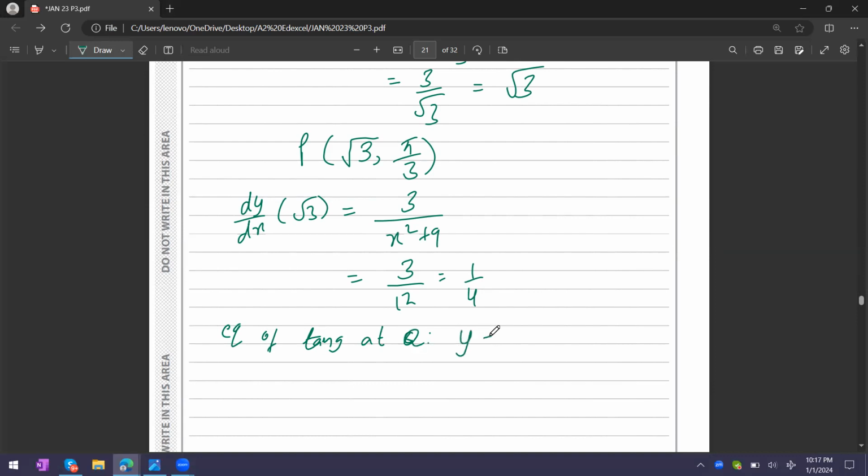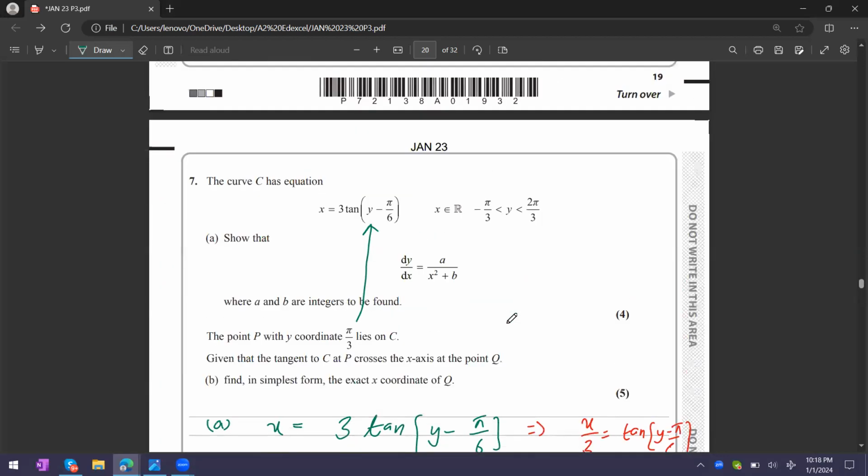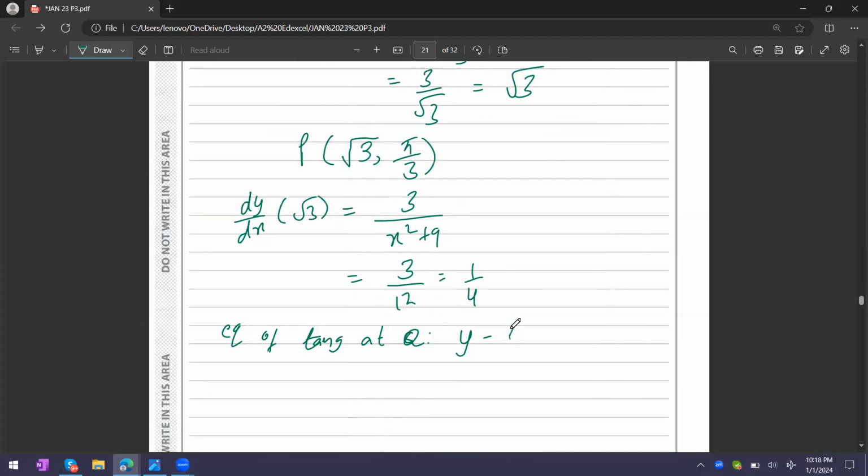This is the tangent to C at P. So y1 is pi by 3. We are using the coordinates of P here. y minus pi by 3 is equal to m, where m is 1 by 4, the gradient, into x minus root 3, the x coordinate of P.